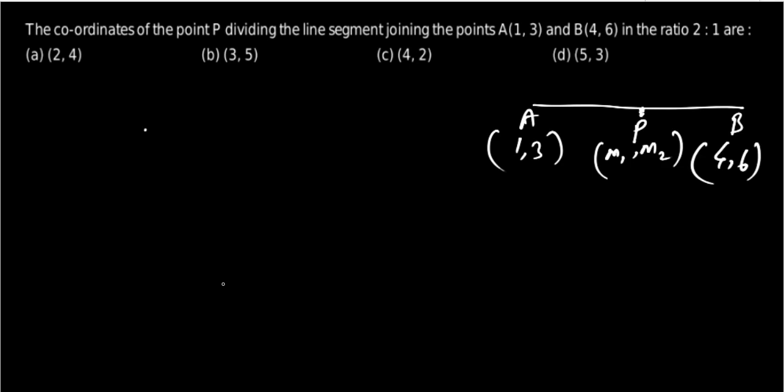In the same way, the y coordinate will be M1y2 plus M2y1 by M1 plus M2. So we can take the x coordinate as x is equal to M1x2 plus M2x1 by M1 plus M2.